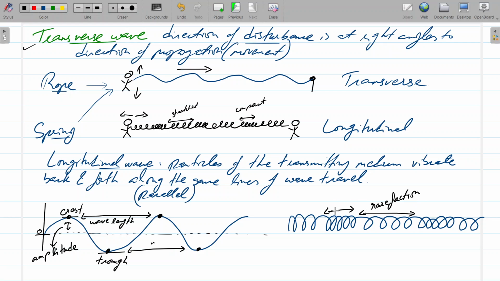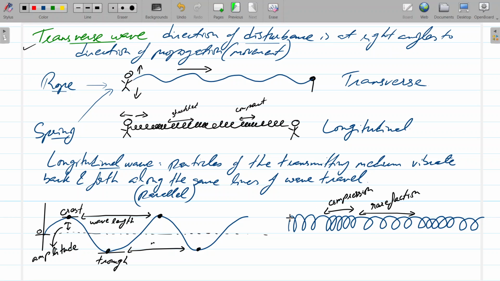And the part where the matter is close together is called a compression. Because it's compressed together, it's close together. And so this part over here is called a compression. The part where it's spread out is called a rarefaction.